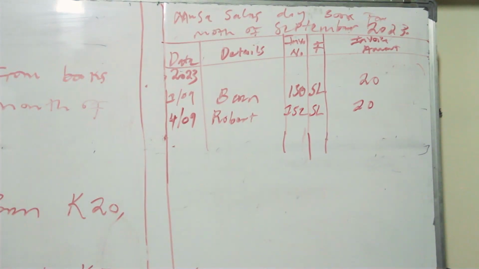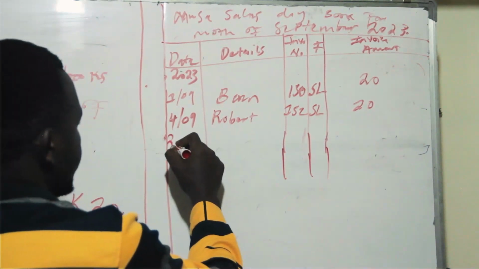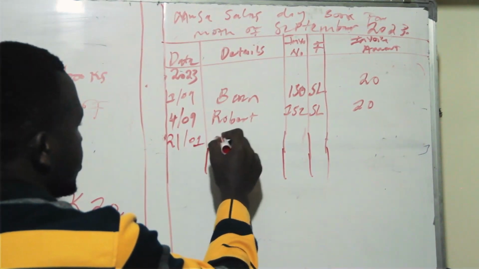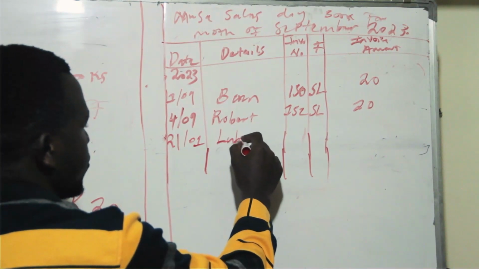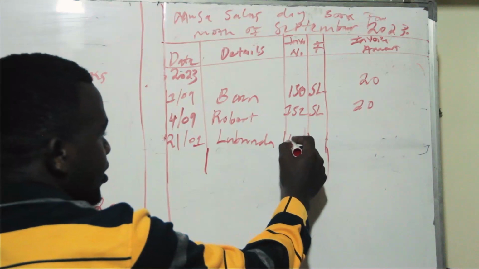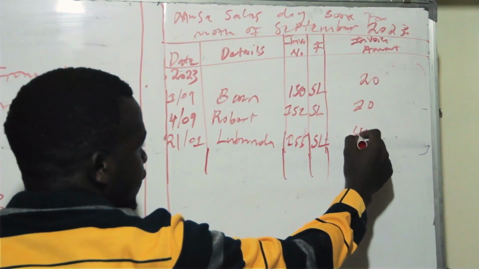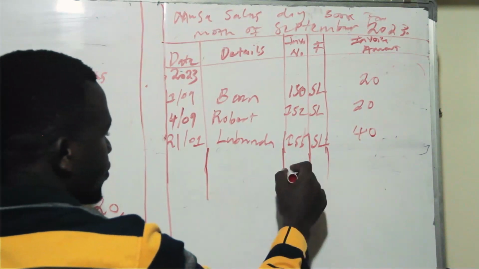The last transaction, on the 21st: sold goods to Lubunda amounting to 40 kwacha, sales invoice 155. So on the 21st of September, we'll say Lubunda, the invoice number is 155, sales ledger, 40 kwacha.